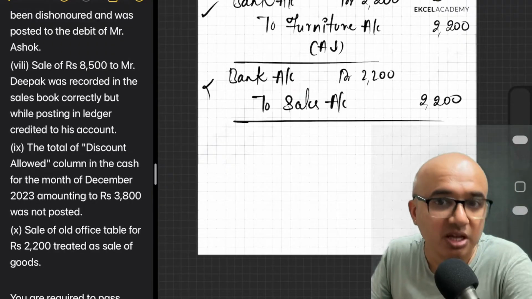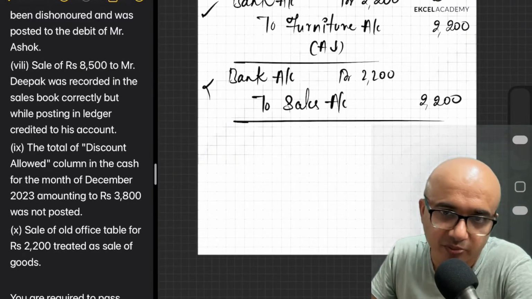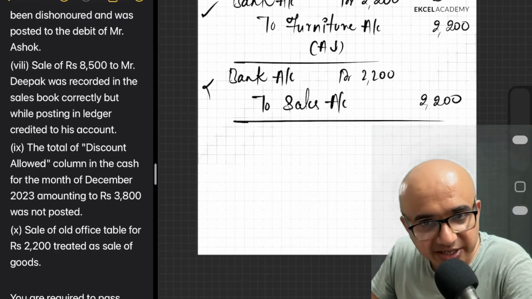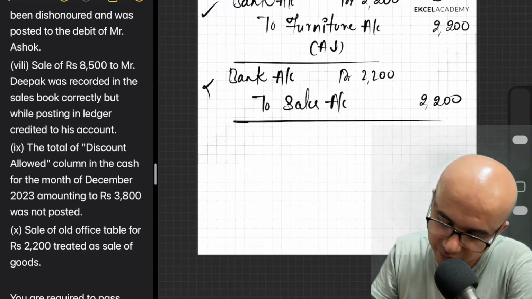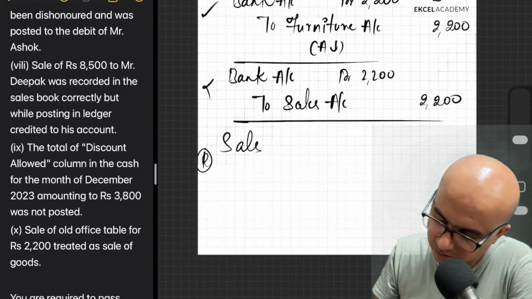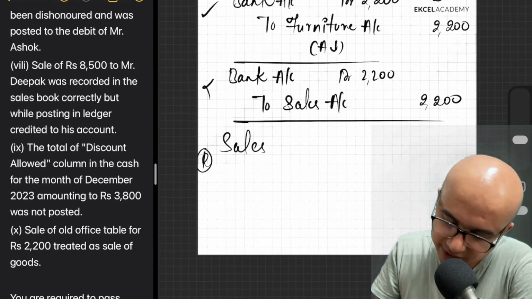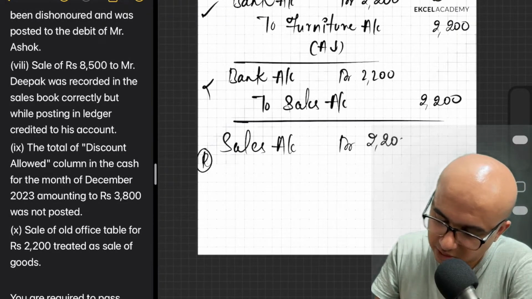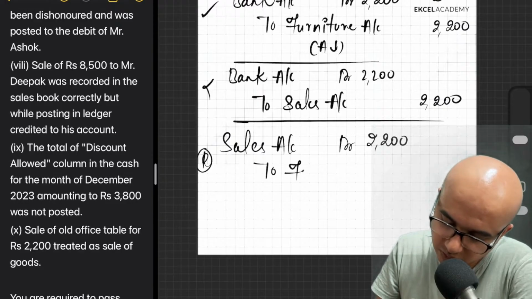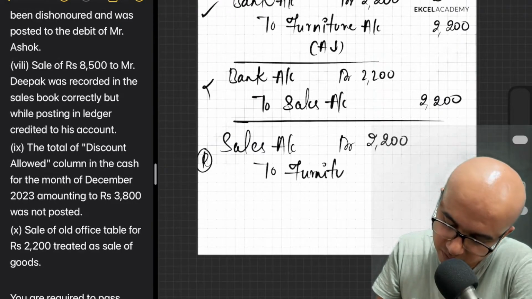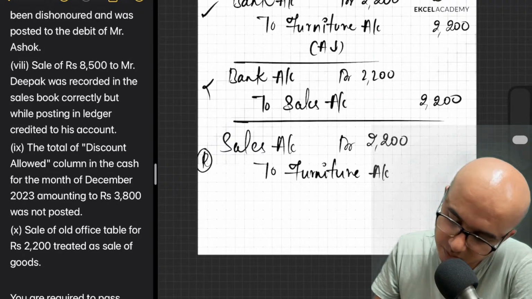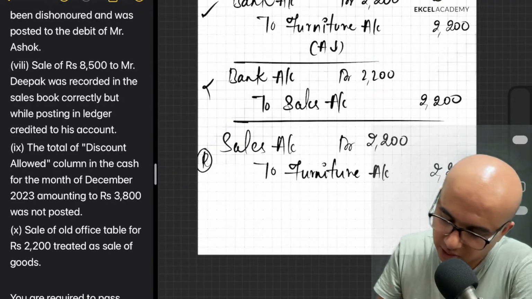Sales should be reversed by debiting, and give the right credit to furniture, which we haven't done. So the rectification entry would be sales account debit 2,200 to furniture account 2,200. That's it.